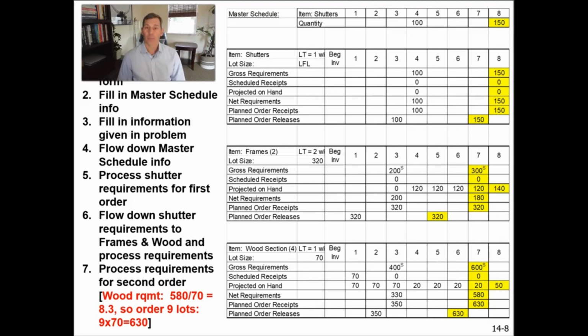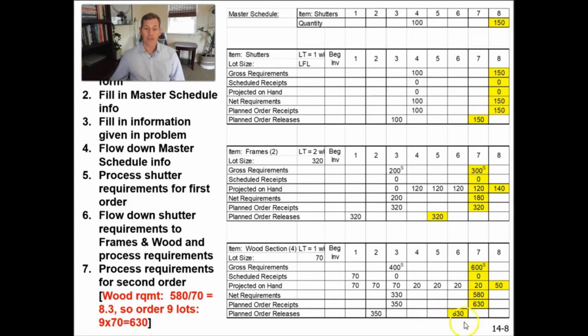So your net requirements are 580 units. They have a lot size of 70. So once again, you're going to take 580 this time, divided by 70, and that gives you 8.3. So you round up again to 9, and 9 times 70 gives you 630.